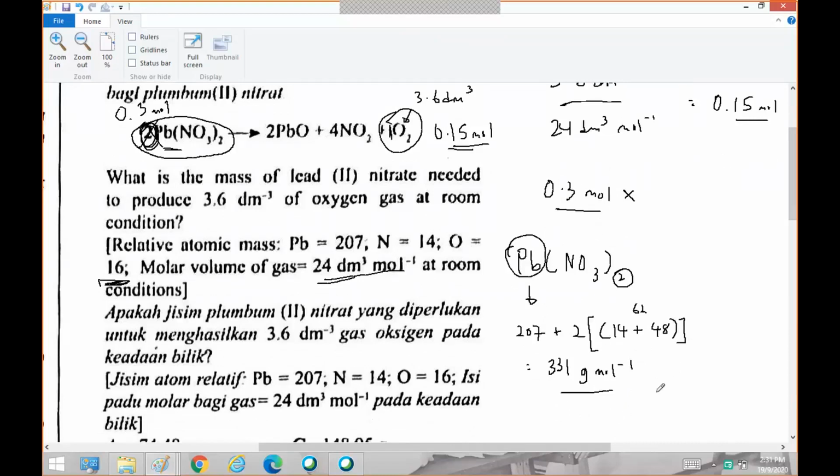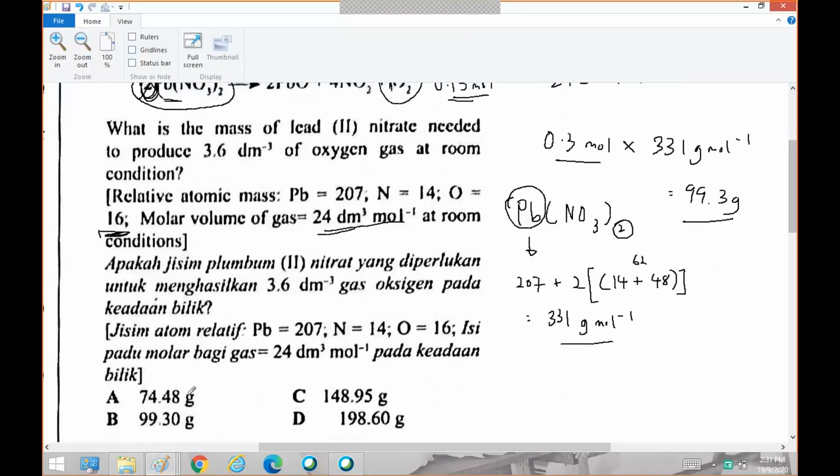So again, we'll do this, and I've got 99.3. That's how much I would need to produce 3.6 decimeter cube of oxygen. Let's see if there's any of the, yes, it's right here. B, 99.3 grams.